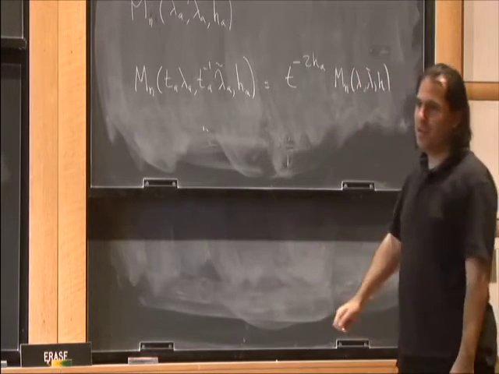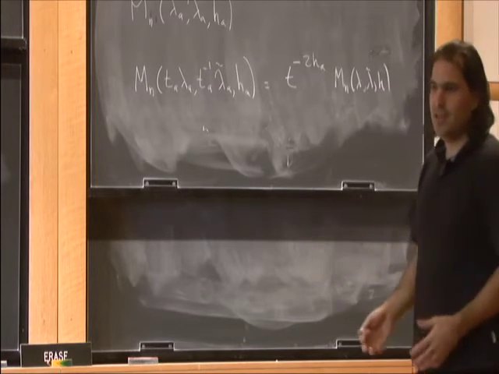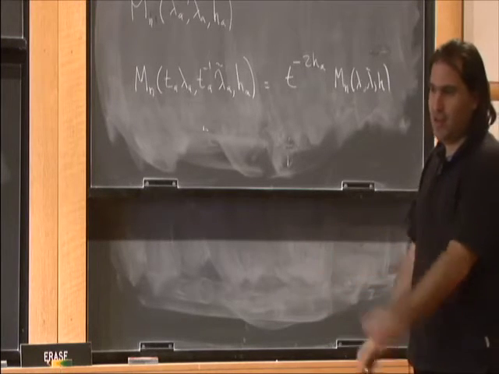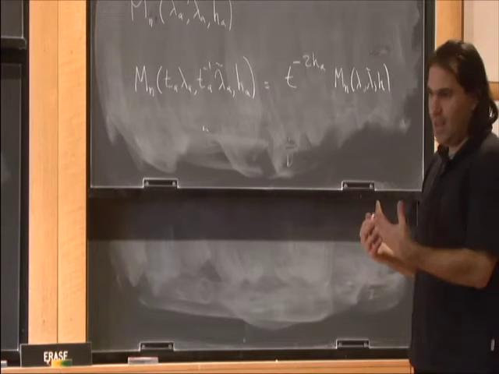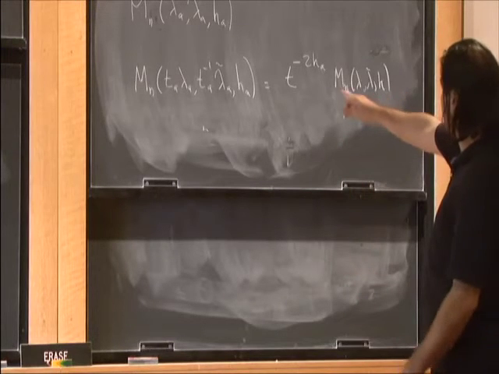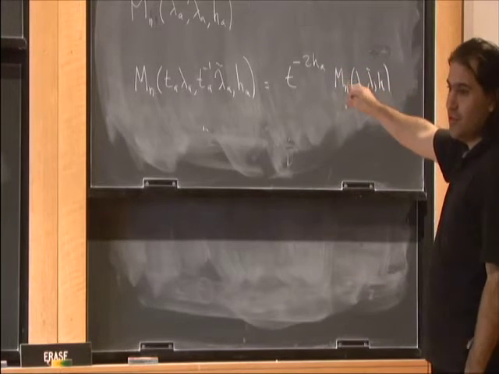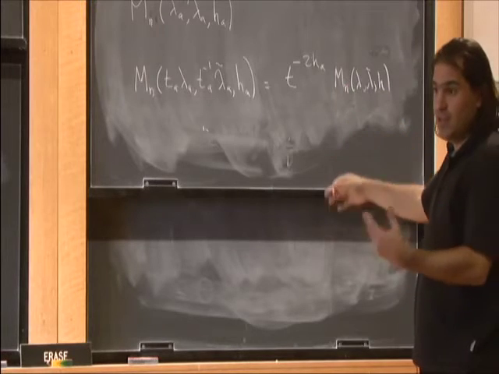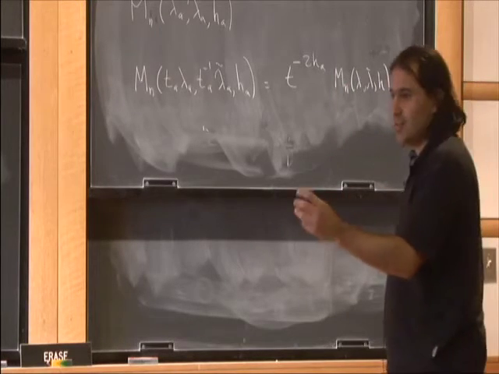So the redundancy in t is telling you the amplitudes have to be homogeneous functions of the lambdas and the lambda tildes, and the degree of homogeneity tells you the helicity of the particle.